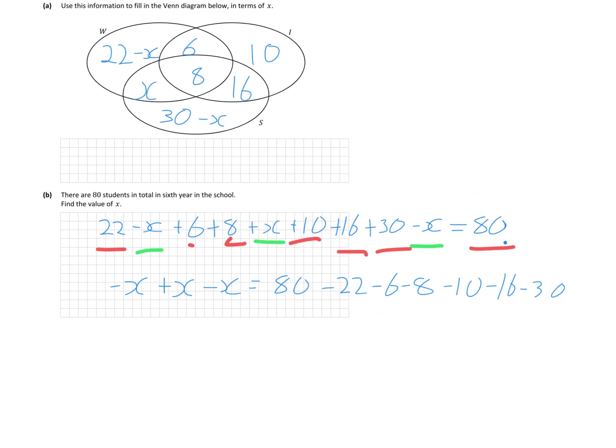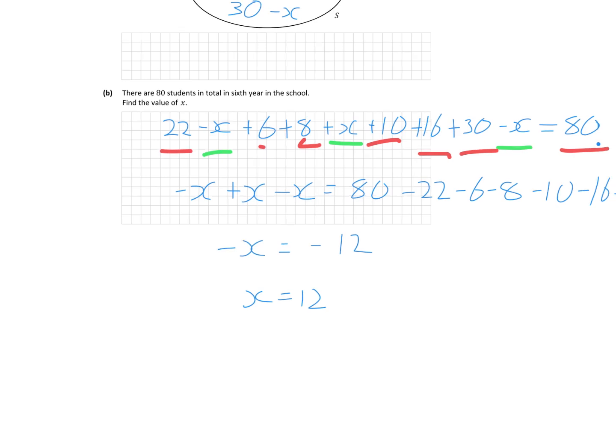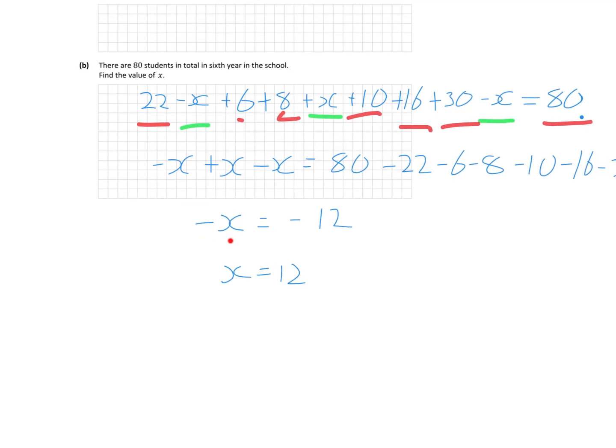And here you can see I've got the X terms staying where they are, and the constants or the normal terms are over on the right hand side. So the left hand side simplifies to minus X, the right hand side in my calculator simplifies to minus 12. Can change the sign of both sides and I get X is 12. So that's my answer there.